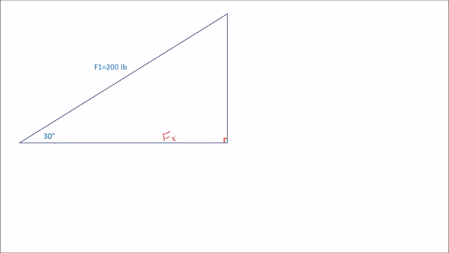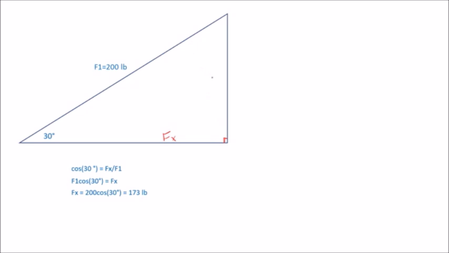We can say that the cosine of 30 degrees is equal to this side length Fx divided by F1. The way we solve for Fx is we multiply both sides by F1, and then we plug in this 200 pounds for F1, and we find that our horizontal component is about 173 pounds.